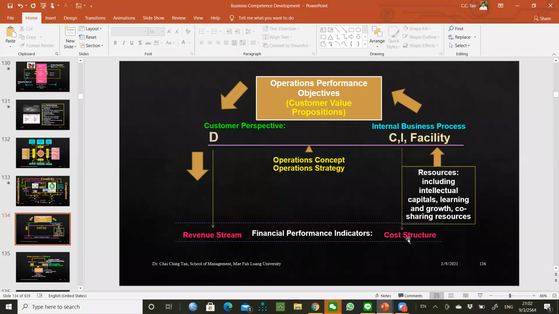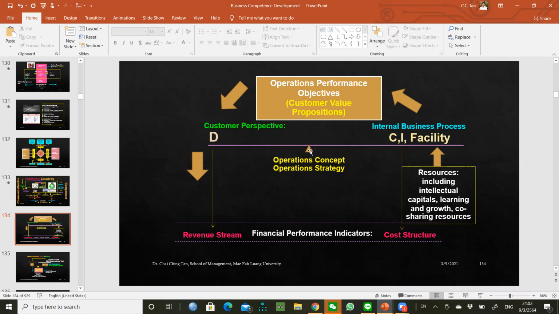So this is really the reflection of the previous slide, and the key thing is really the business model. The key thing is where do you pivot? Where do you pivot your operations concepts, and if something goes wrong, how are you going to pivot it? And so that pivoting concept of new startups and entrepreneurship comes into this picture.